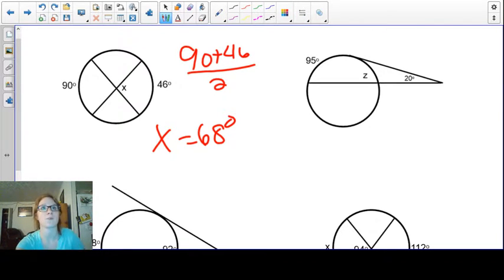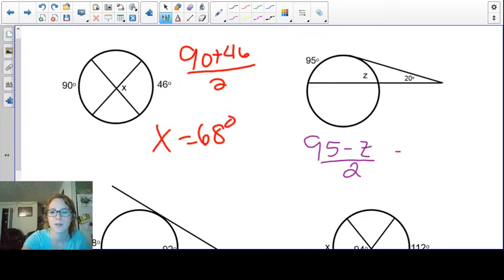This next one's outside, but what do you notice about what I'm given? I'm supposed to be taking the big arc minus the little arc divided by 2 is equal to that angle over there. So we are missing the smaller arc here.